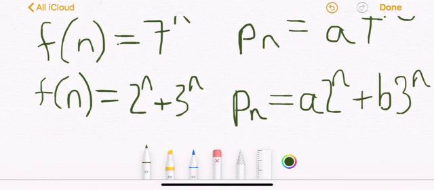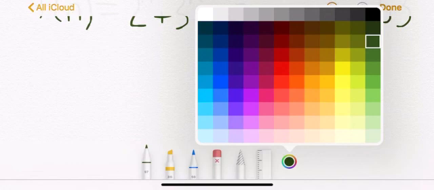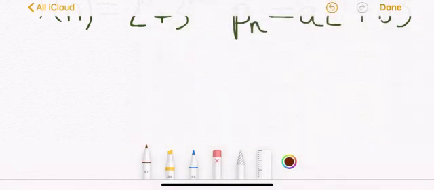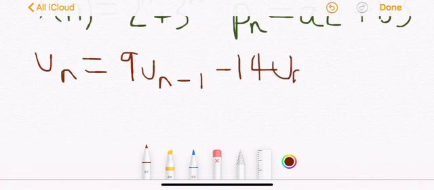So let's try a different recurrence relation: u_n equals 9 u_{n-1} minus 14 u_{n-2} plus f of n.